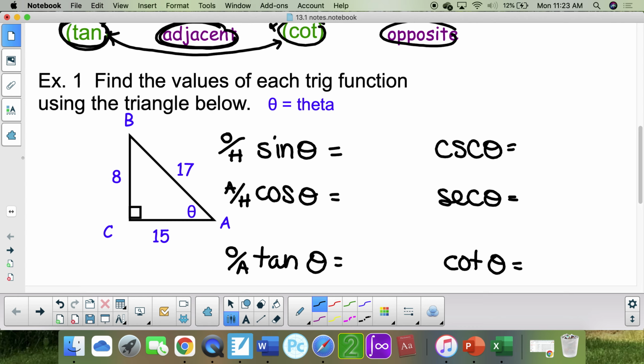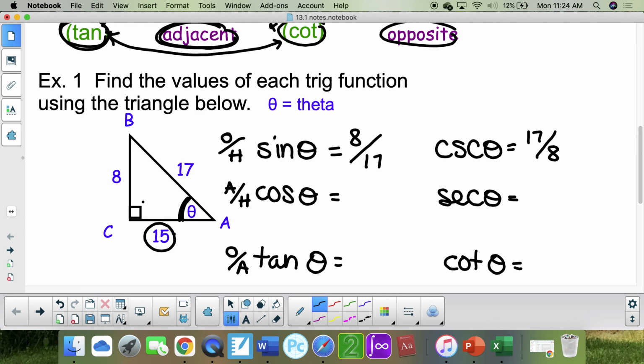So sine is opposite. So here's the angle that we're talking about. The side opposite is 8, over the hypotenuse, which is opposite the 90 degrees, is 17. And if that's 8/17, cosecant is 17 over 8. They're reciprocals of each other. Cosine is the adjacent.